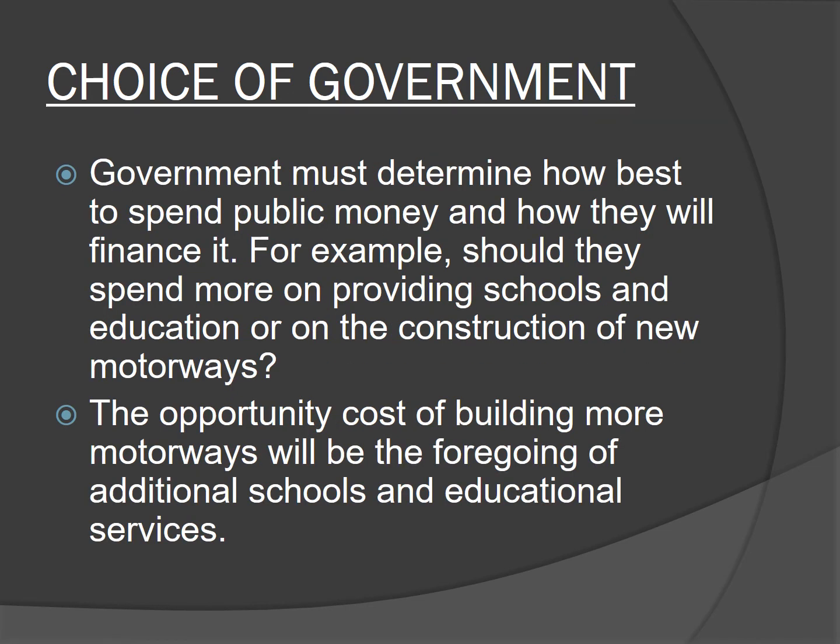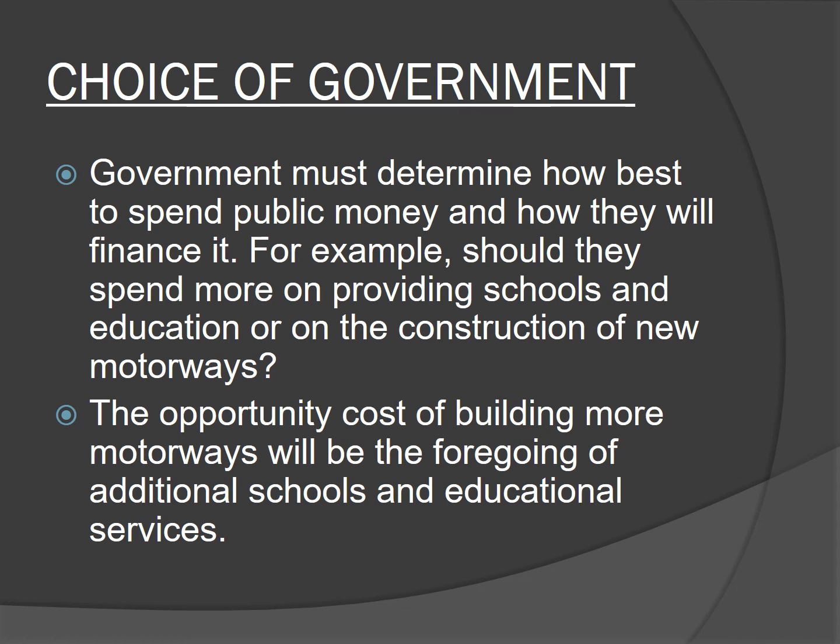Now come towards the choice of a government. Government must determine how best to spend public money and how they will finance it. For example, should they spend more on providing schools and education or on the construction of new motorways?